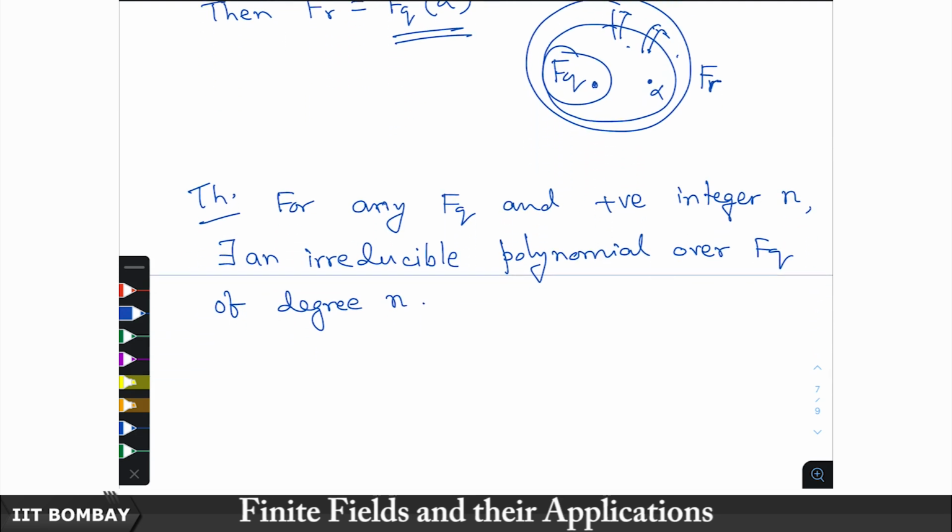To start with, if we had this result already, we could have proved that there is an extension field of order q power n, that is, an extension field F q power n. But we proved that statement separately as a splitting field of x power q power n minus x, and now we want to prove this statement as a consequence.